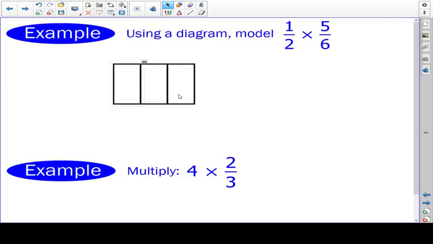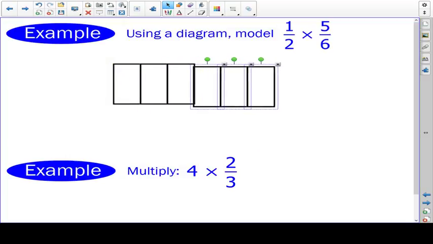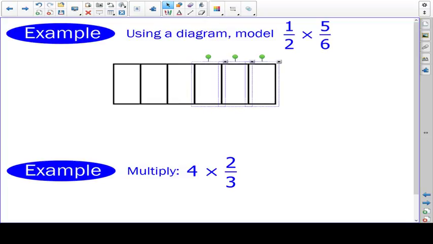And actually, what I'm going to do is I'm going to kind of cheat here. Okay, there I got 6 equal areas. Going to shade 5 of them in to represent the 5/6.